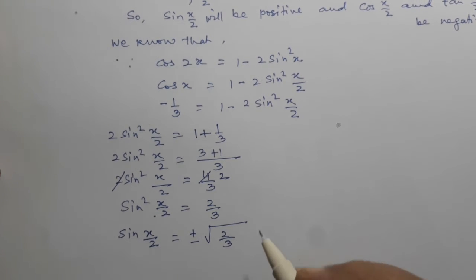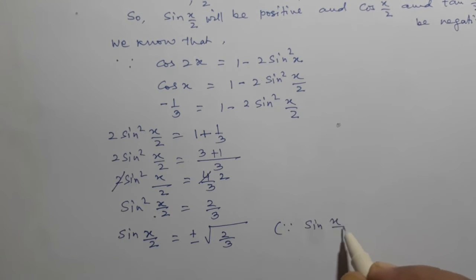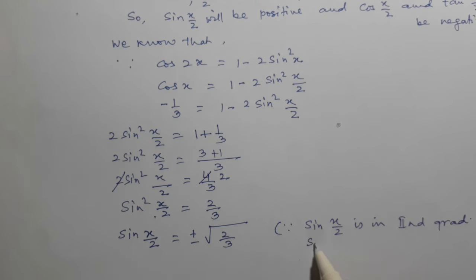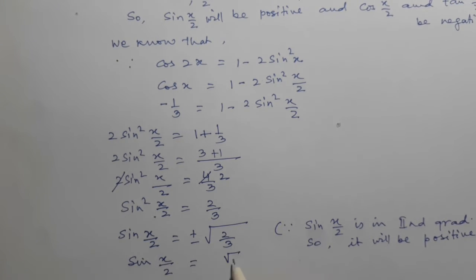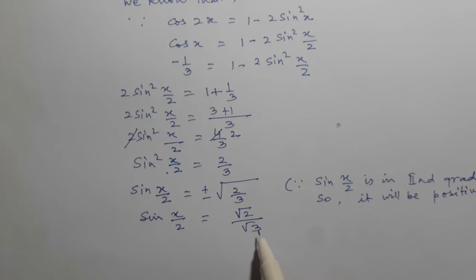As we know, since sine x by 2 is in second quadrant, it will be positive, right? So sine x by 2 will be root 2 by root 3. In the denominator, root should not be there, so we shall rationalize it.